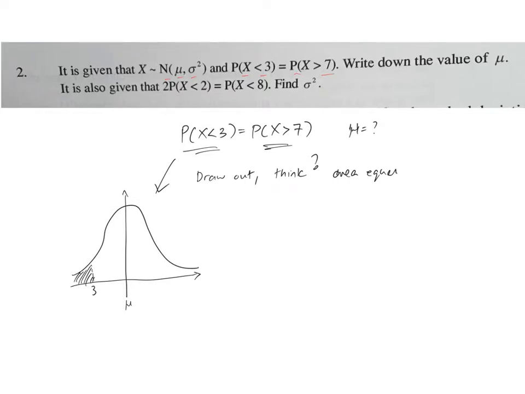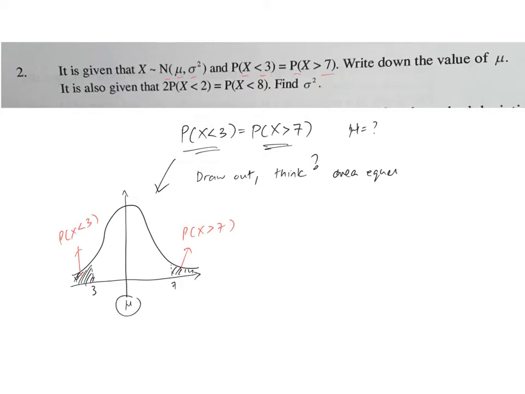And what about more than 7? The probability of X less than 3 and the probability of X more than 7 are somewhere here. So what does it say? If the probabilities are equal, then remember that the normal distribution curve is bell shaped. It is symmetrical about the mean. So what does this say about the center?